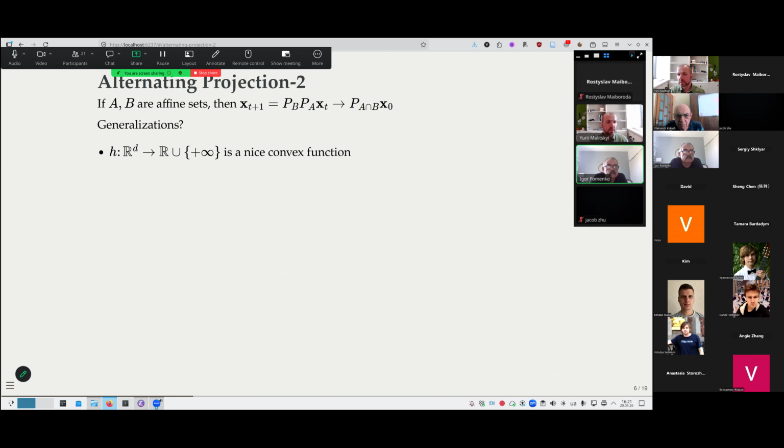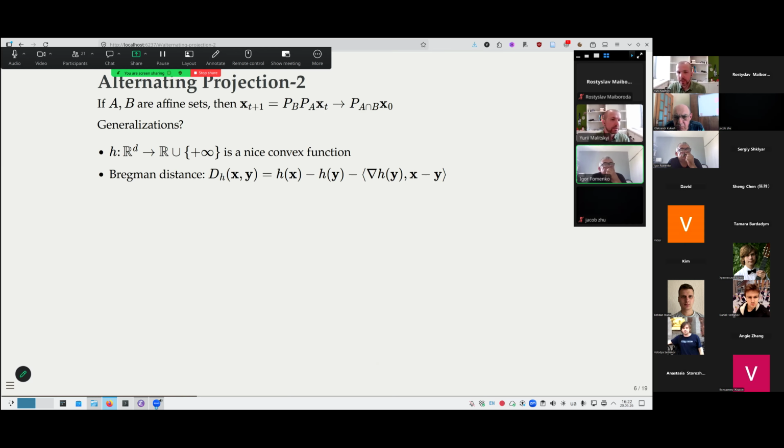So we consider some function h from R^d to the extended real line. It's a convex function plus some regularity assumptions that I don't want to dig into for now, but it's differentiable over some domain, etc. And we introduce the Bregman distance, that is basically the first order Taylor expansion of function h between points x and y.